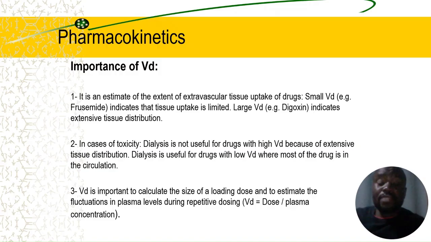You may need to start with a larger dose. Of course, it has to be a safe dose. You give a larger dose that will begin to work, and then you begin to give a lower one that we call a maintenance dose. So the initial dose is called the loading dose.